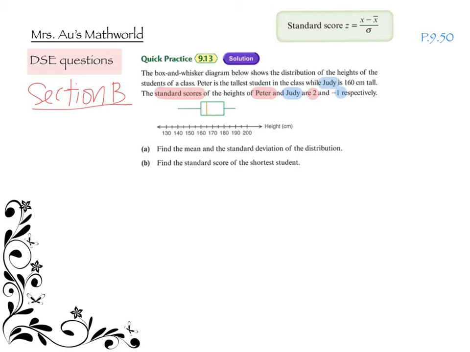Okay, so you also get the height of Judy. Peter, we don't know, he is the tallest. And then we are still able to get more information. So Peter is the tallest, so that means his height is 190.